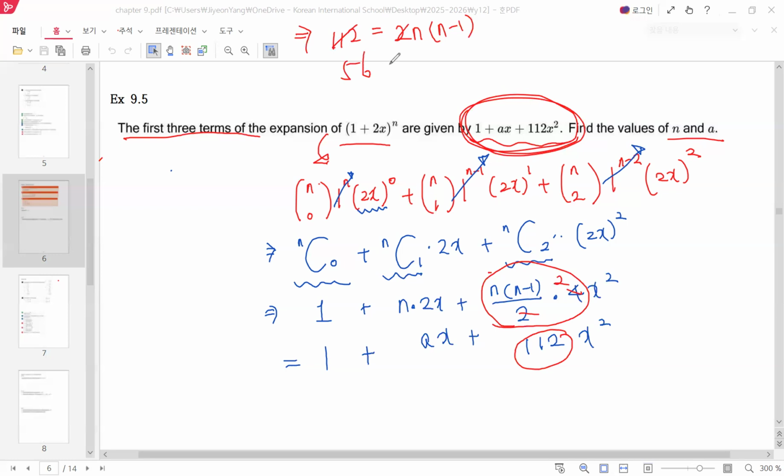So 56 equals n times n minus 1. And then you can solve the quadratic equation by using your calculator, right? So n should be 8. If you substitute 8 here, you can find the value of a. What is it? 8 times 2, students, 16.